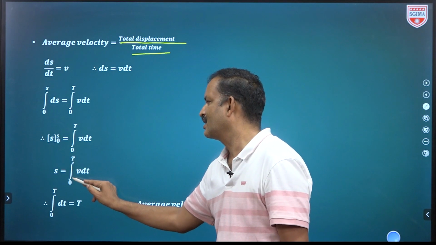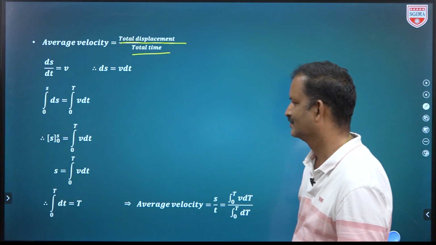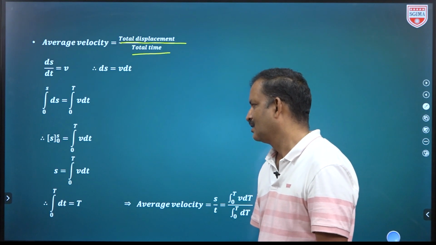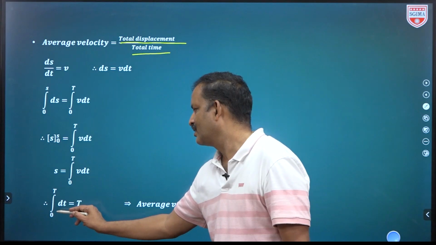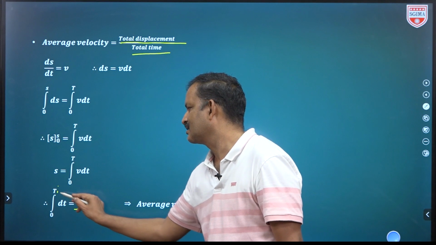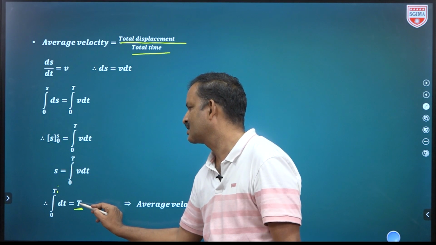So s is equal to integral of v dt from 0 to t. Integral of dt from 0 to t is t, because integration gives t, and after application of limits, capital T.